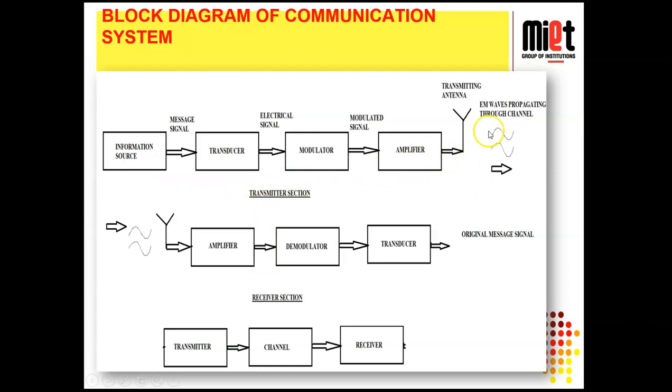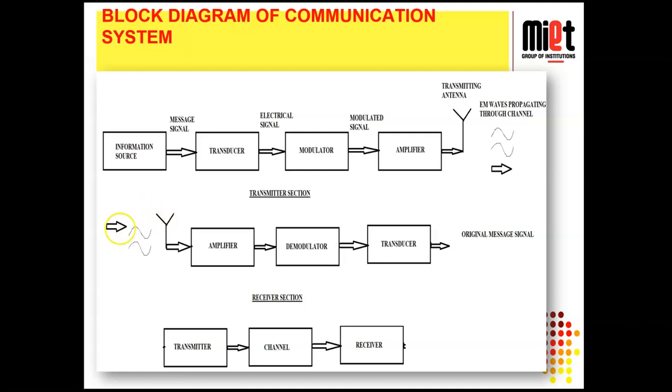Okay, if we talk about after the channel, at the end point, what is required is the receiver section. In the receiver section, first an antenna is connected, because an antenna is a device which converts an electrical wave into an electromagnetic wave, as well as electromagnetic waves into electrical waves.